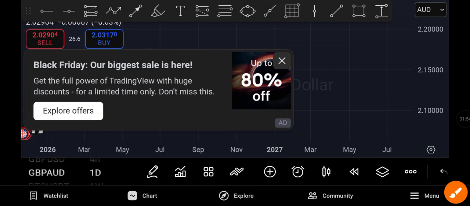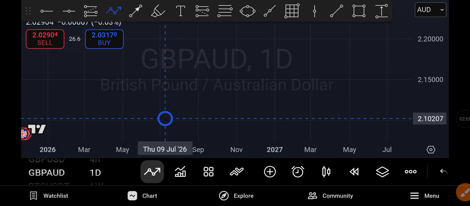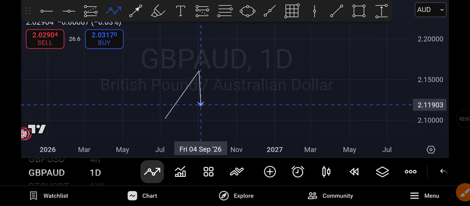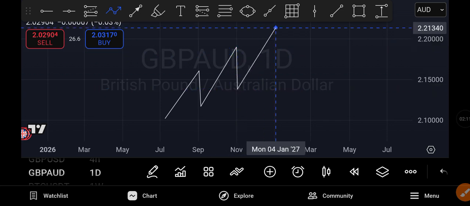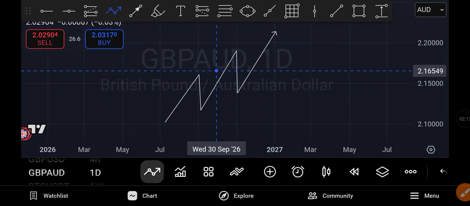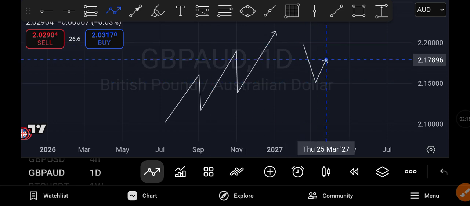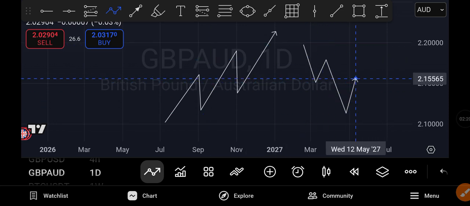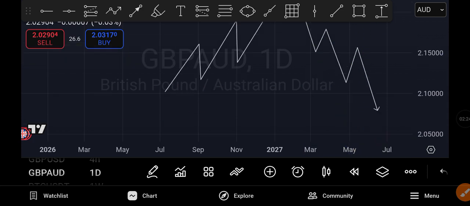Before we go to that point, I want you to understand something. We have 3 different trends. We have the uptrend, we have the downtrend, and we have the consolidation trend.